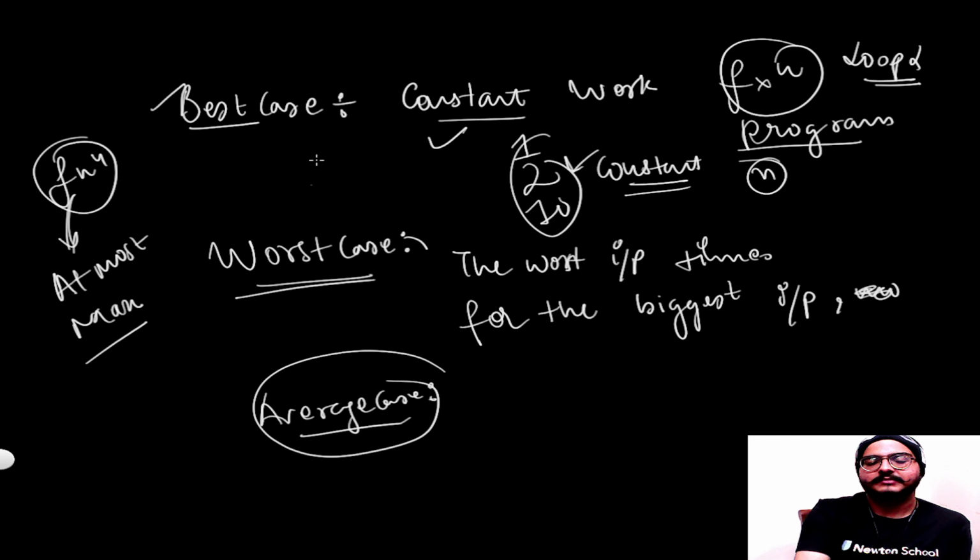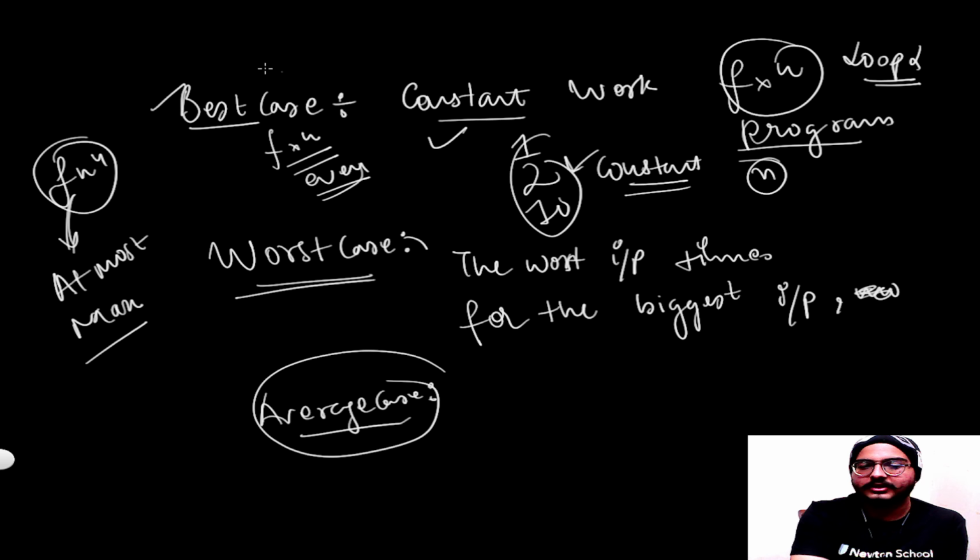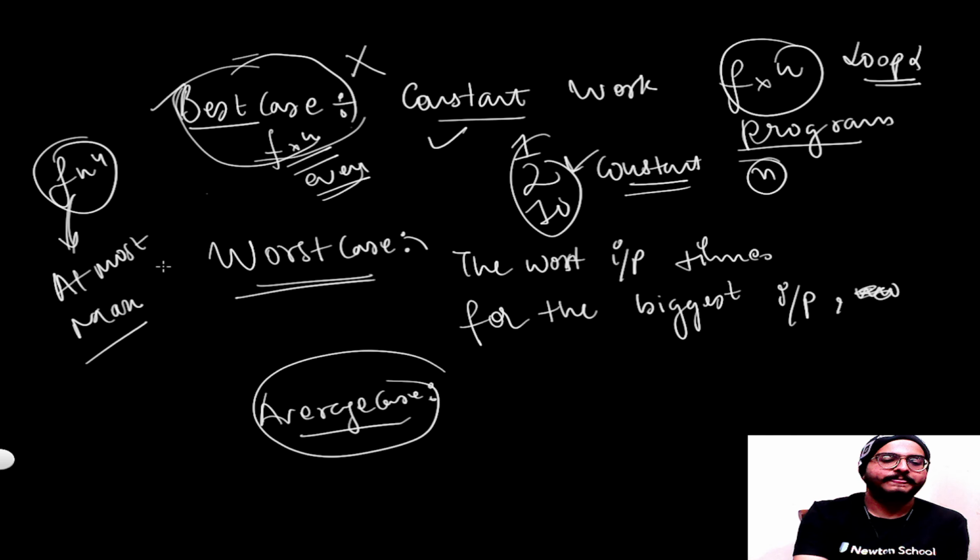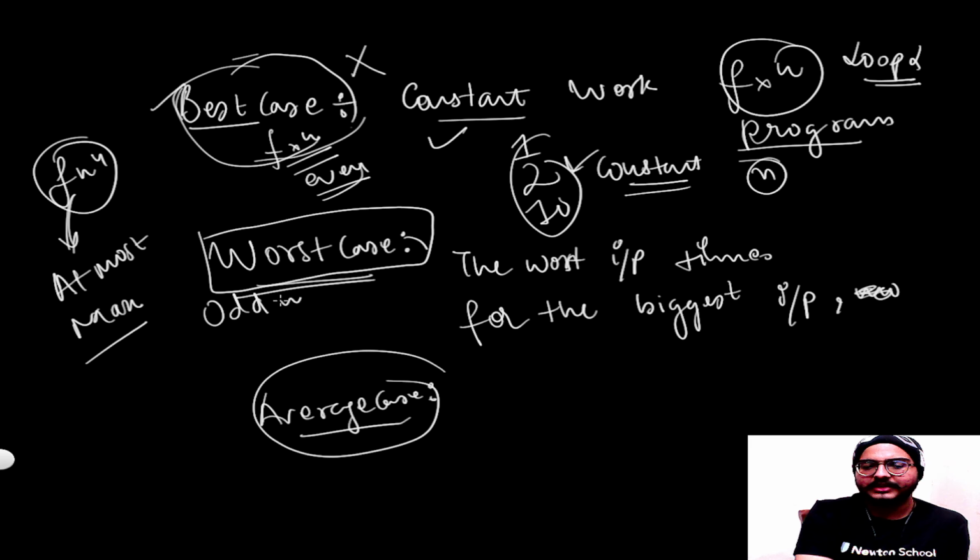It is not possible that you have made a function and only even numbers will come to you and your time complexity will reduce and you will always get a best case. This is not the case. This is also not the case that you will always get odd numbers and your loop has to run. It is somewhere around the average case, like sometimes you will get a small odd number, or sometimes an even number.